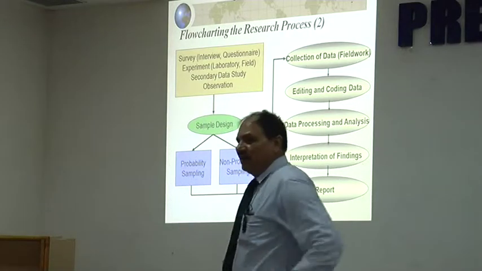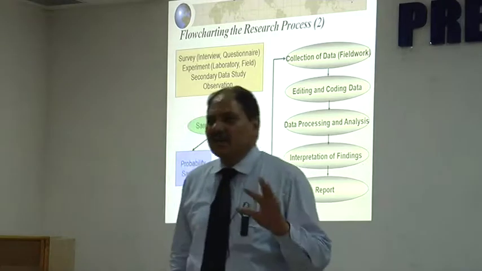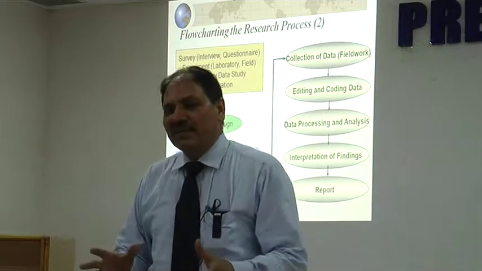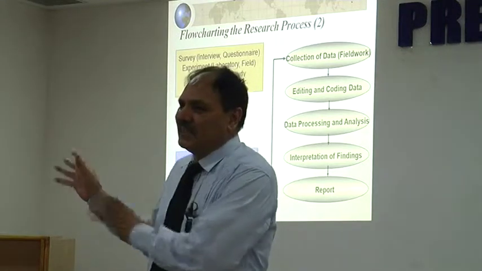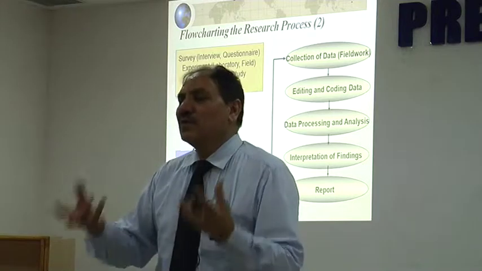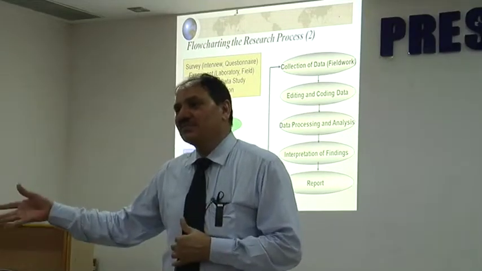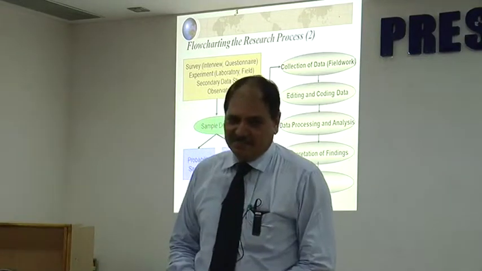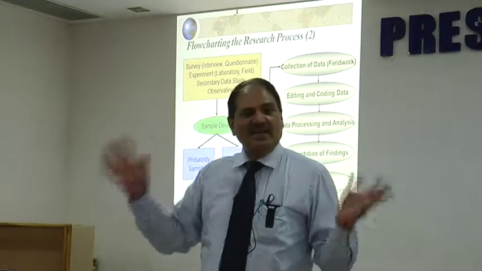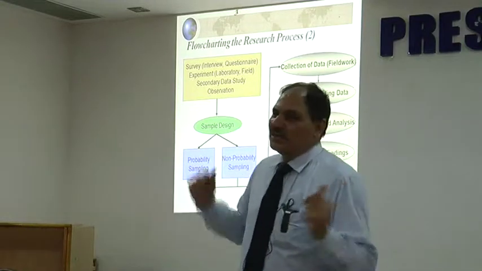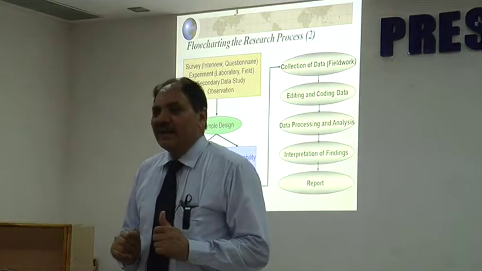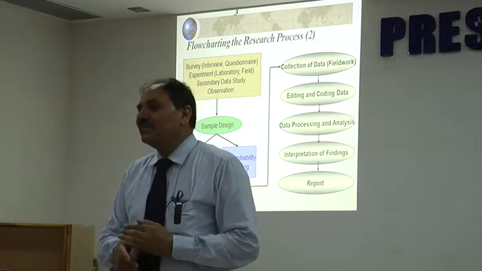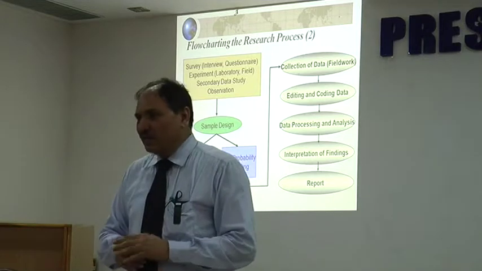So, sampling design. We know that 99% of the time, non-probability sampling is used. When you are using probability sampling, through hypothesis testing you are able to calculate the sampling error, and sampling error is taken care of while testing your hypothesis. But if you are using non-probability sampling, then in addition to the sampling error, you have systematic error, which cannot be taken care of through sampling.